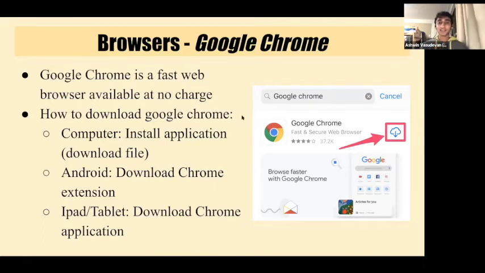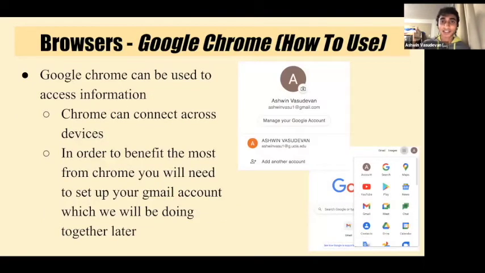Okay. Even if that's downloading, you can come back into the presentation. We're going to talk a little more about Google Chrome. Google Chrome can be used to access information, and the most important point was that it can connect across different devices. To benefit the most from a Google Chrome account, you should set up your Gmail, which we will all be doing together later in this presentation.